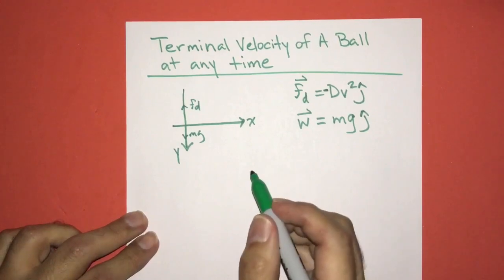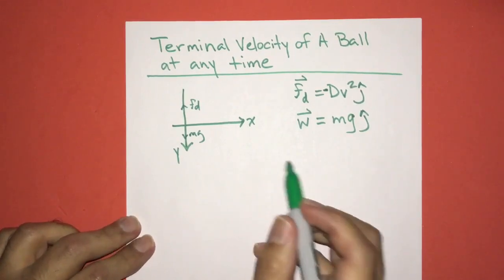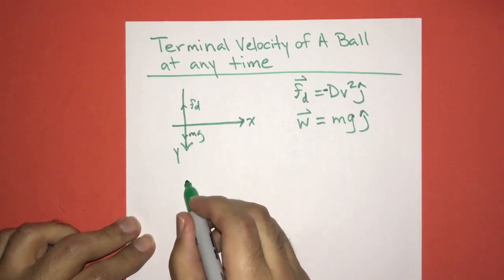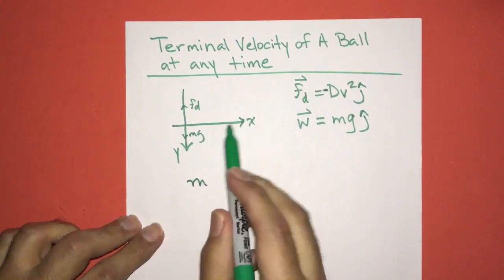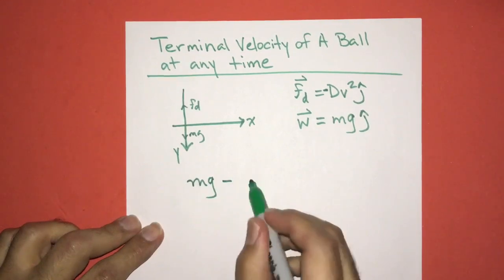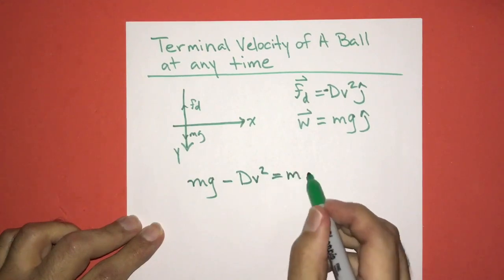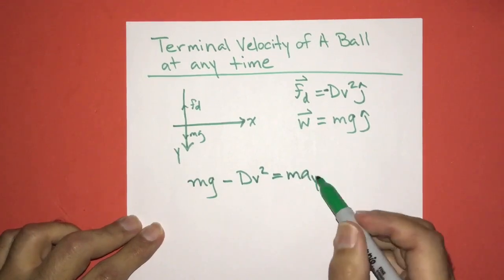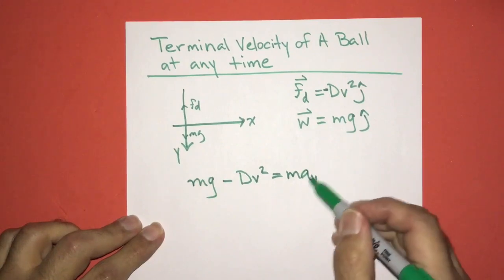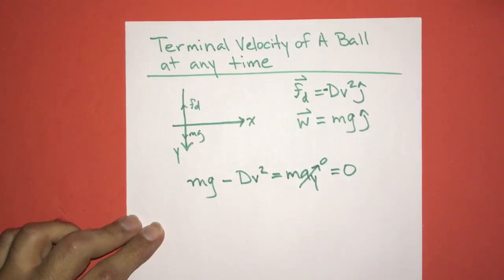If we use Newton's second law of motion, we get the weight minus the drag force, dv squared, equals mass times acceleration. And what do we know about terminal velocity? This term is 0, so we set that equal to 0.